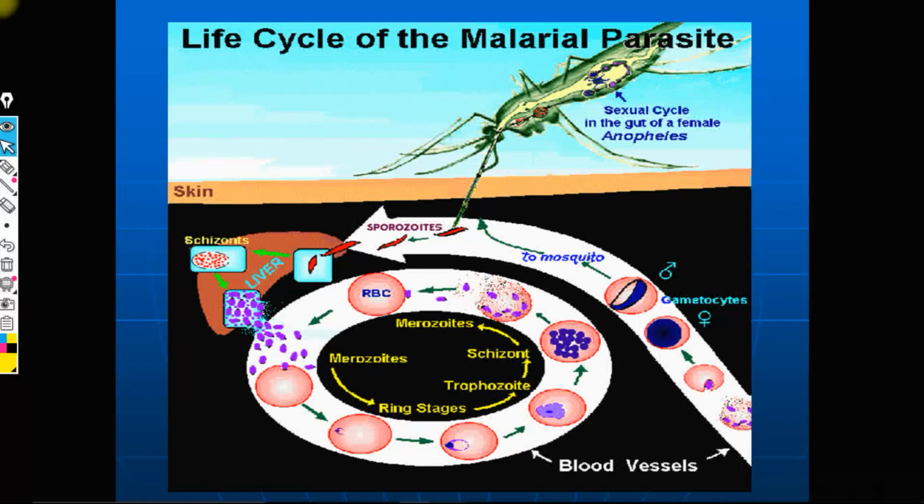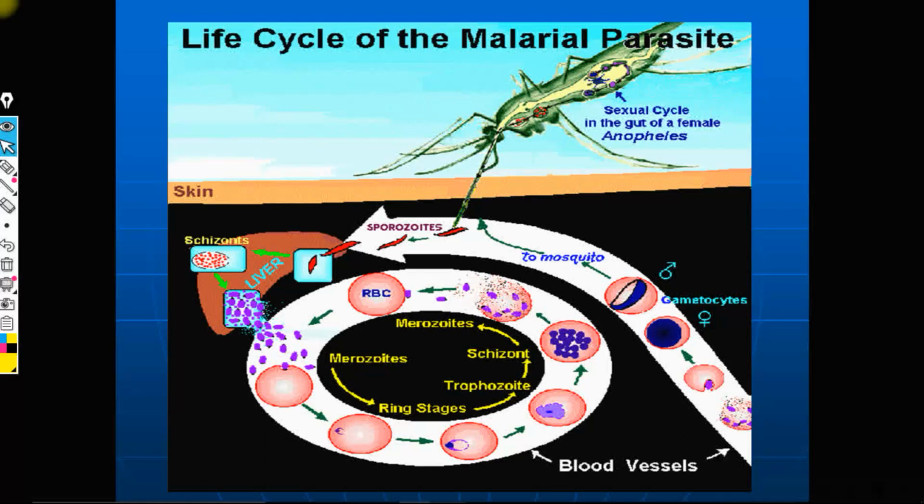Now this is not a simple process, because the multiplication is almost exponential. Consider an example, which is given in Rang and Dale, of the phenomenal rate of multiplication that you can observe. Say a single parasite, let us consider Plasmodium vivax.